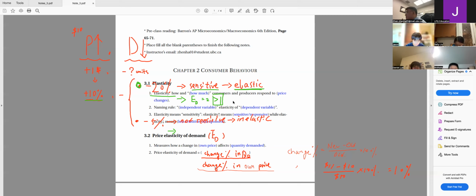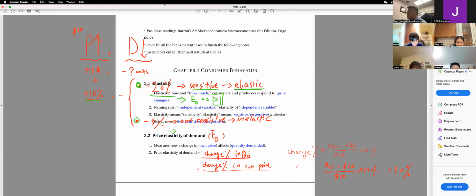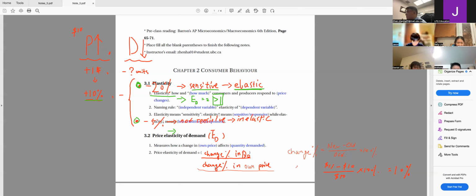Okay, next step, can someone else calculate the elasticity coefficient for my second example here? What about if a price increased by 10%, but the quantity demanded only decreased by 5%?